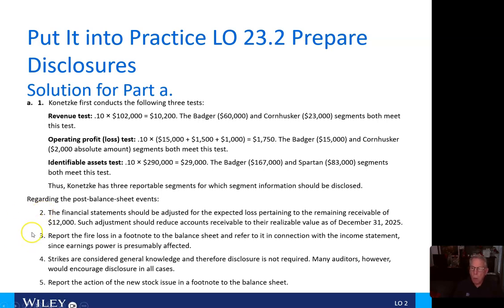Number 3, we're going to report that fire loss in a footnote to the balance sheet and refer to it in connection with the income statement, since the earnings power is presumably affected. Number 4, strikes are considered general knowledge and therefore disclosure is not required. Many auditors, however, would encourage a disclosure in all cases. And then finally, number 5, we're going to report the action of the new stock issue in a footnote to the balance sheet.